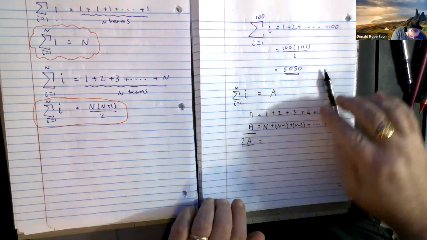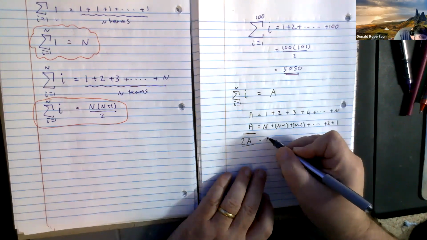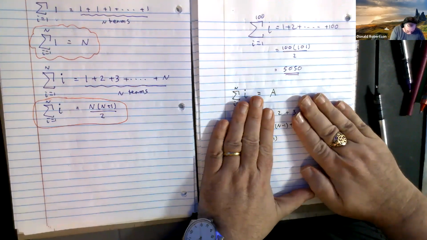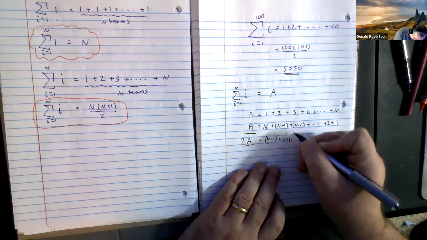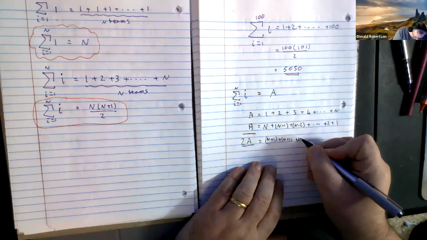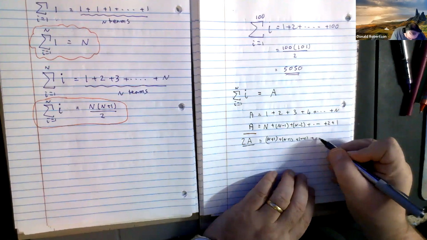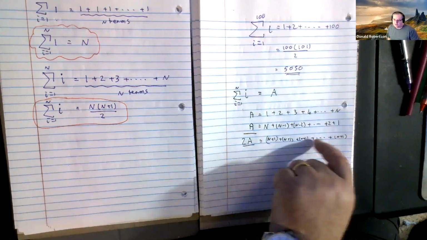Now, what happens if you add these two together? Well, you get n plus 1. And what happens if you add those two together? Oh, you get n plus 1. And the next two, you get n plus 1. In fact, don't you get n plus 1 every single time? Now, how many of these n plus 1s are there?